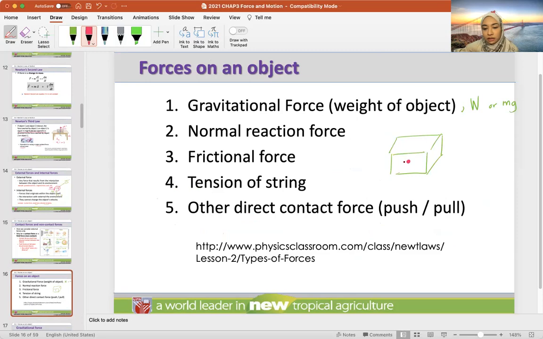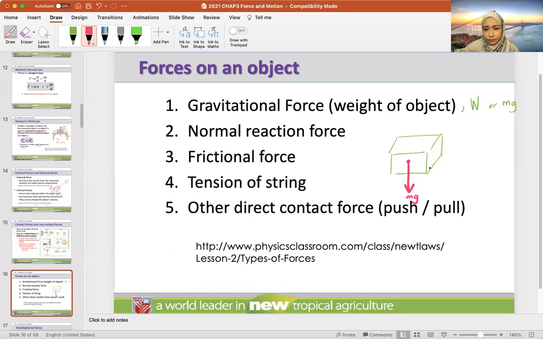I start from the center. Where is my force of gravity? It's down here. It's always acting down, even when you have projectile motion, even when you're just sitting, it's acting down at all times. You can label this as mg. I like to label it as mg. You can label it as capital W if you like.